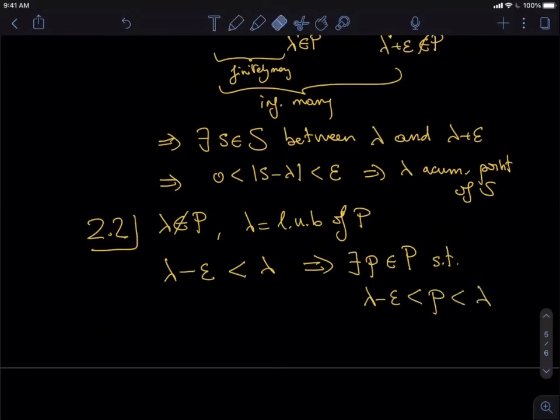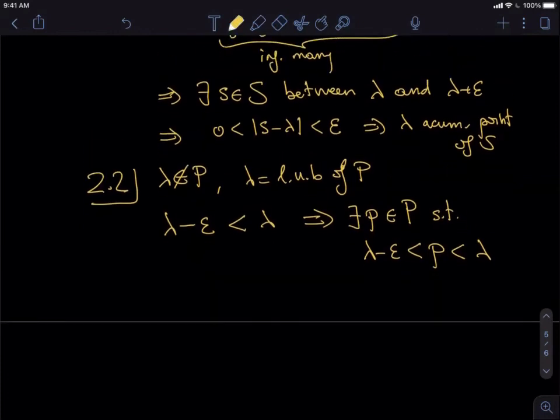Now, if you don't see this right away, this may require proof. So just think what happens if this didn't happen. If this didn't happen, that means that we should be able to decrease lambda, that lambda was actually not the least upper bound, that we would be able to find a smaller bound than lambda. So that cannot be, so that's the argument.